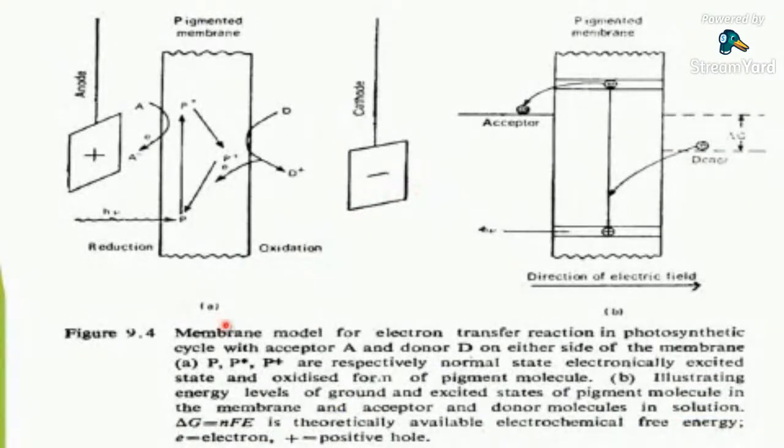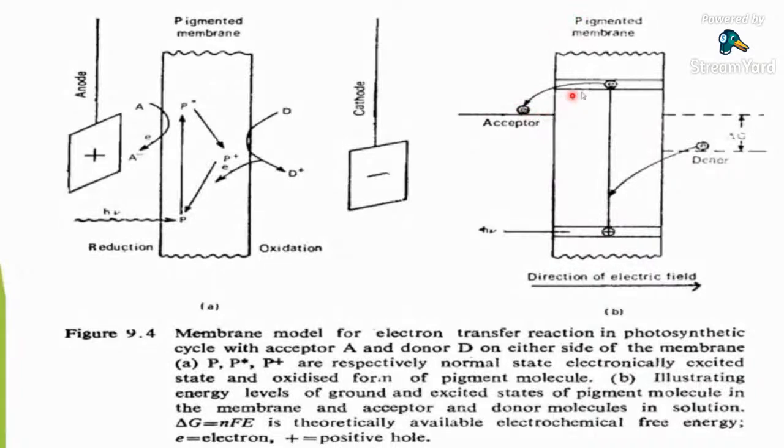And this is the membrane model for electron transfer reaction in the photosynthetic cycle with acceptor A and donor D. As you can see here, on the absorption of light, it will get excited, and here there is an acceptor which will accept the electron, and there is the donor, and these are the energy levels.